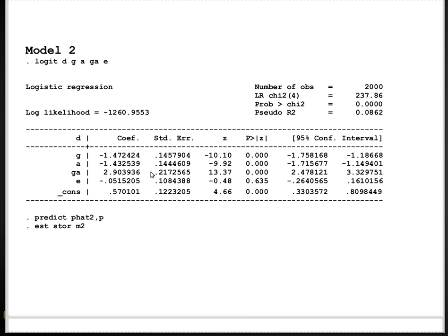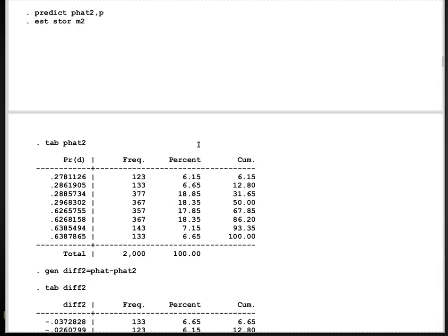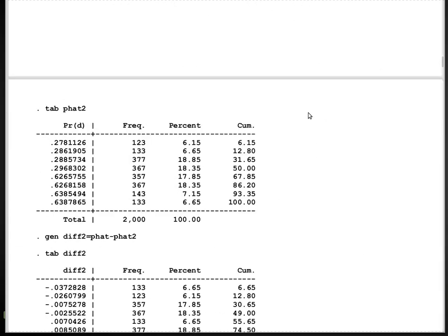Okay. So let's construct the fitted values from model 2 now on the probability scale, and also save the ingredients that would be needed to perform a likelihood ratio test. Okay? So let's have a look.